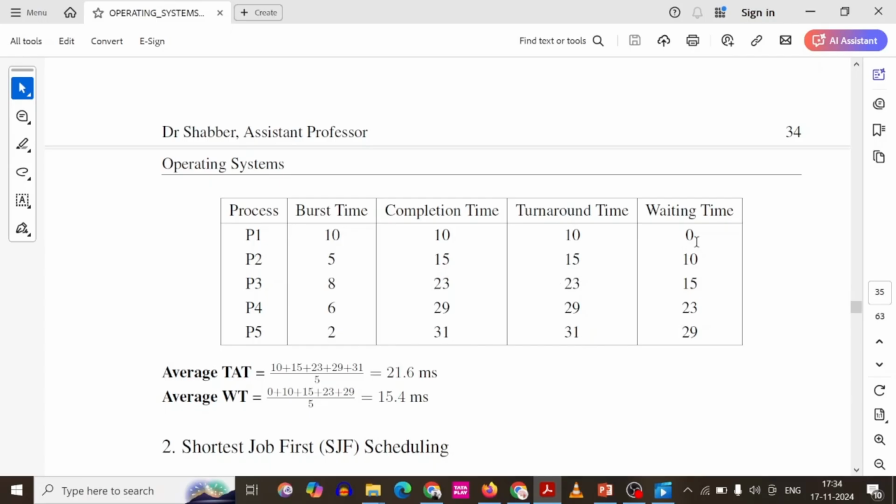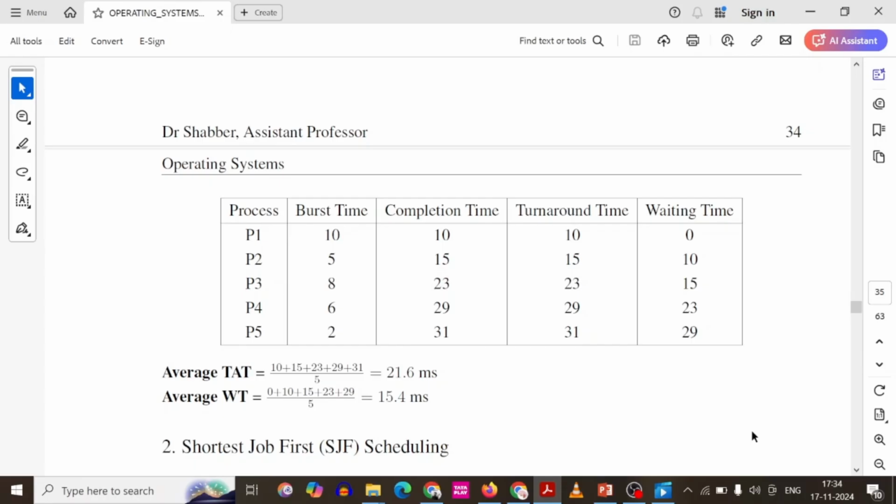The waiting time is the turnaround time minus burst time: 10 minus 10 is 0, 15 minus 5 is 10, 23 minus 8 is 15, 29 minus 6 is 23, 31 minus 2 is 29. So we have the waiting times and turnaround times of each process.